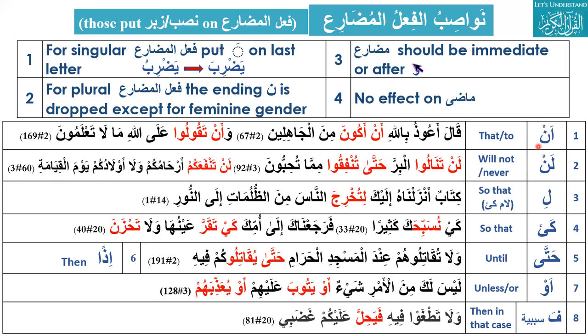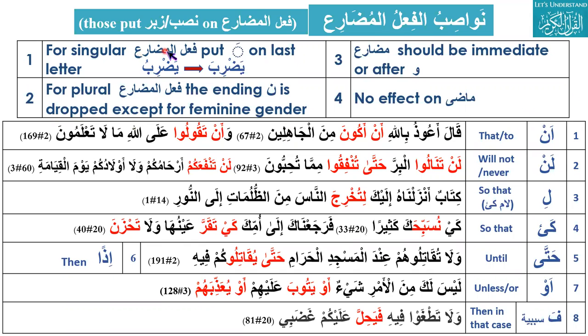So just to revise, I would ask Brother Ahmed. Nawasibul Fi'l al Mudare, the Huruf Nasiba are an, lan, li, kay, hatta, aw, idhan, fa sababiyya. What do they do?